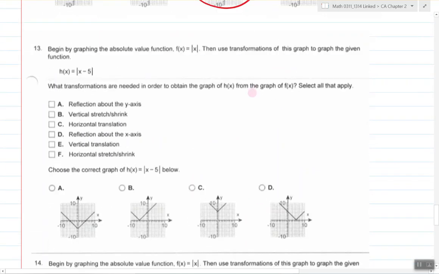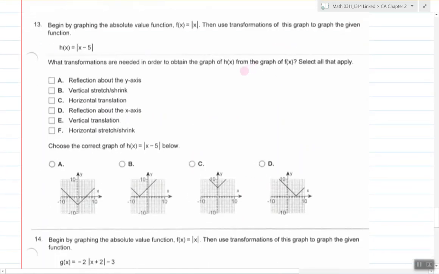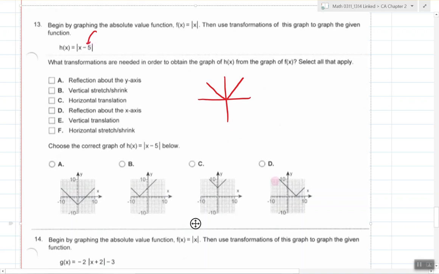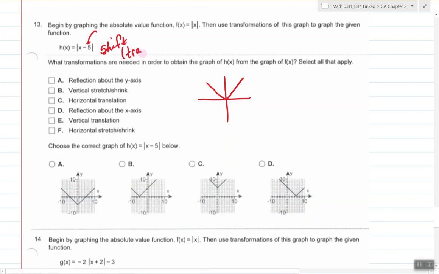Number 13, still absolute value, so I know that it is starting like this, and we have a -5, but it's inside, so it's going to shift, or remember that means translate, right 5.